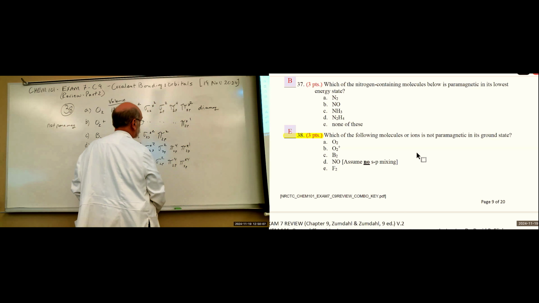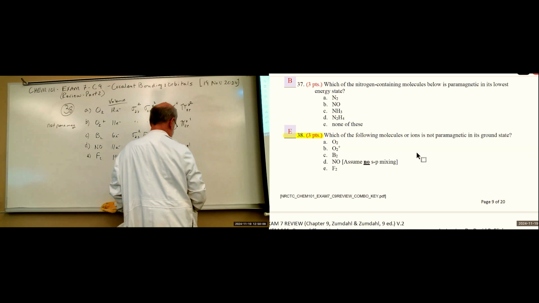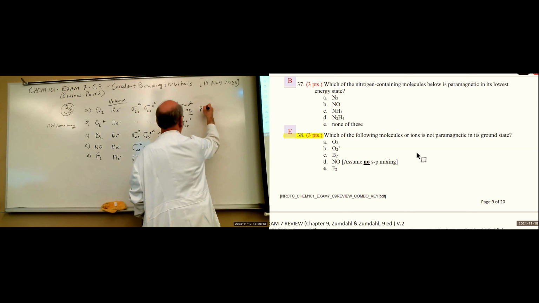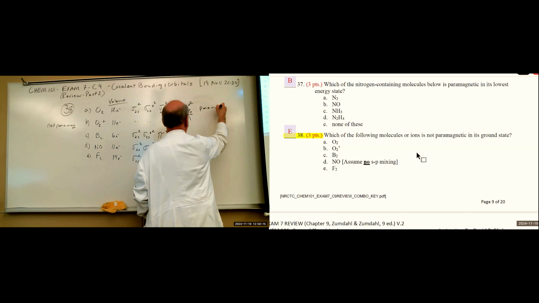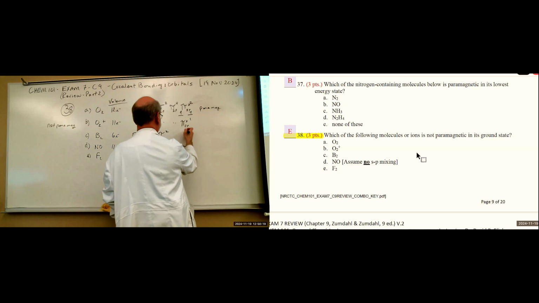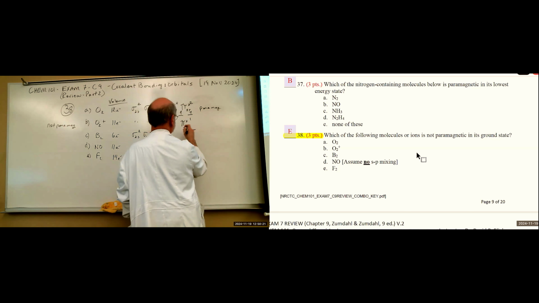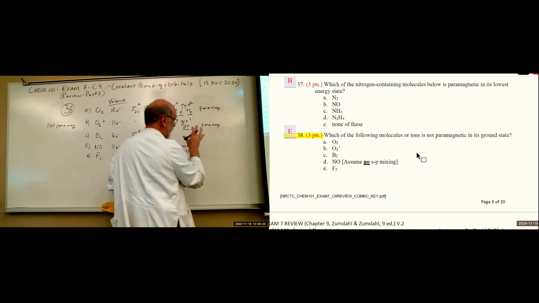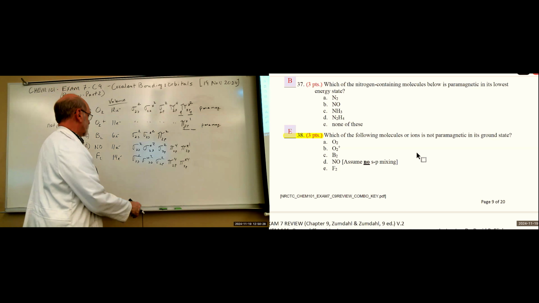Oops. What am I thinking? That's paramagnetic. Nobody called me on it either. Shame. This has only got 1, so it's also paramagnetic. You just need an unpaired electron to be paramagnetic.